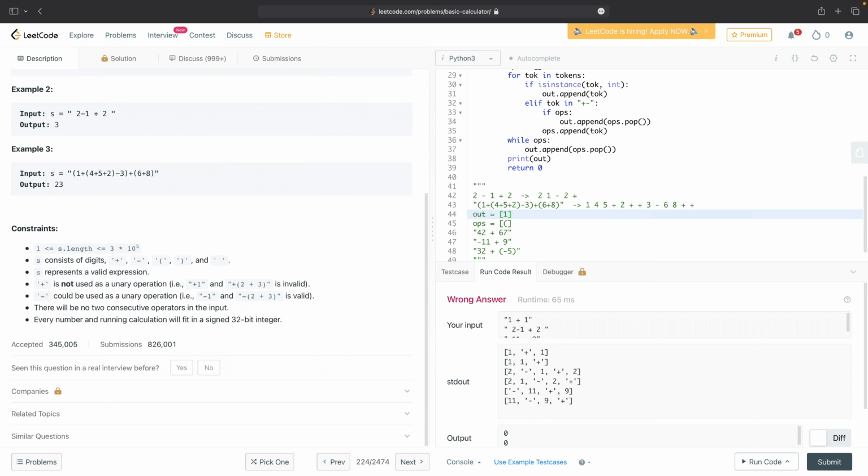This gets a 1. This gets a plus. This gets an open paren. This gets a 4. This gets a plus. This gets a 5.